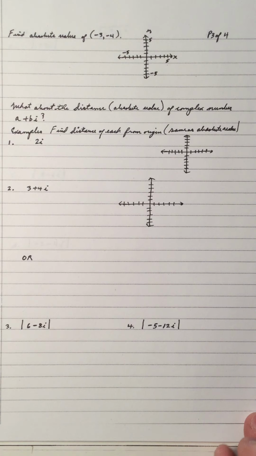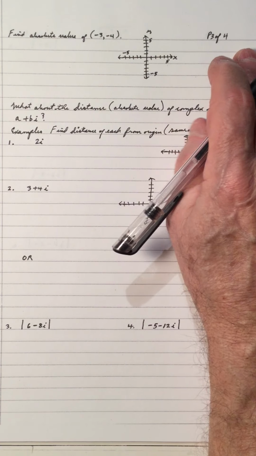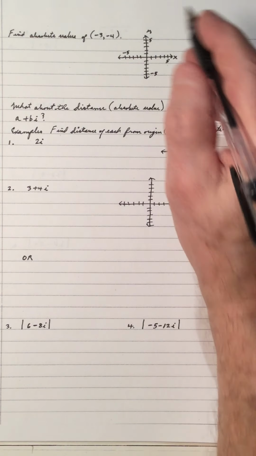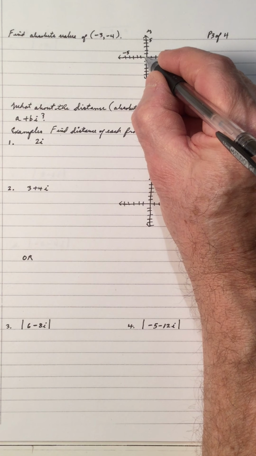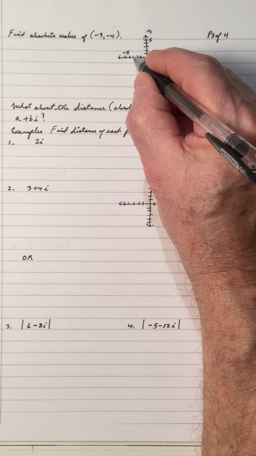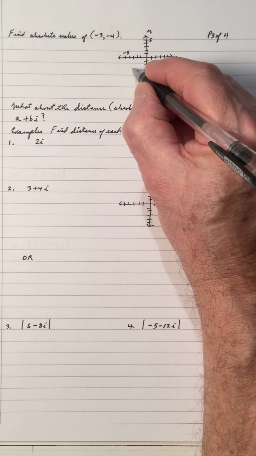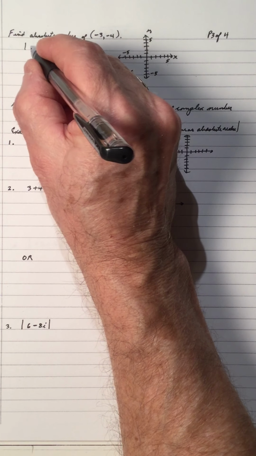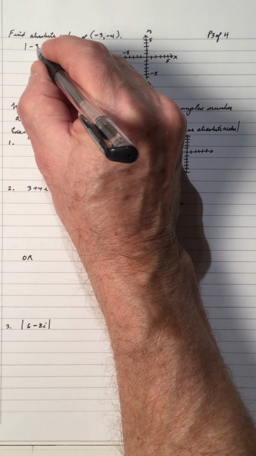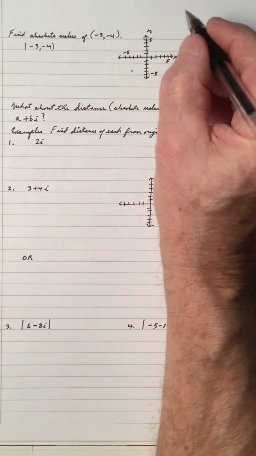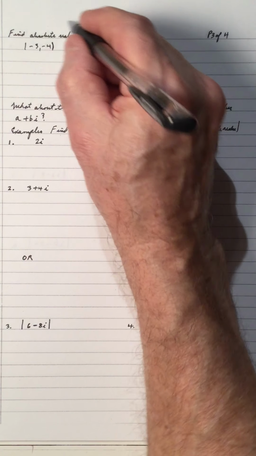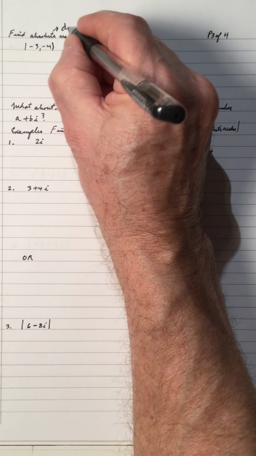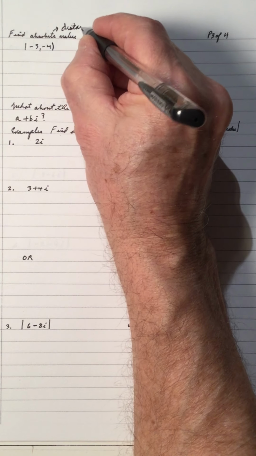Find the absolute value of negative 3, negative 4. Negative 3 is right there on the x, and the negative 4 on the y is right there. So the absolute value, which is written as the absolute value of negative 3, negative 4, is distance.